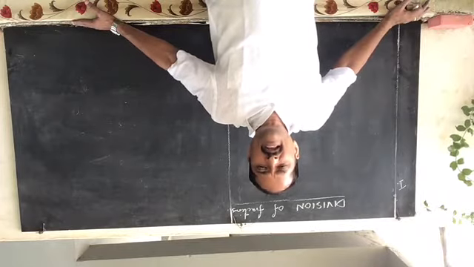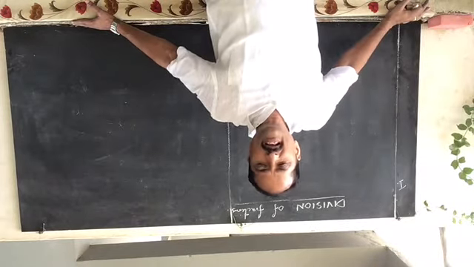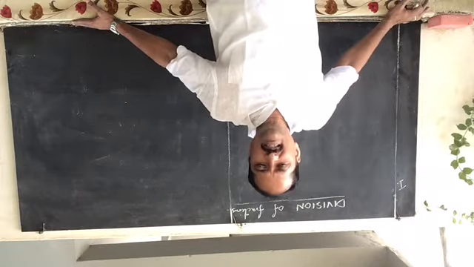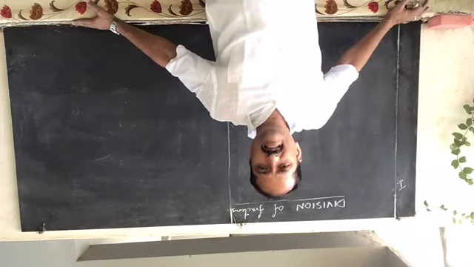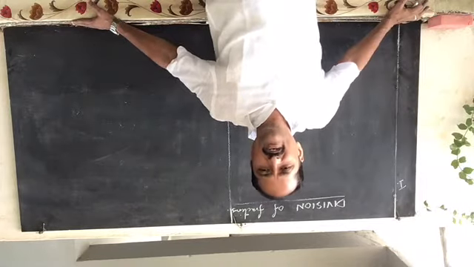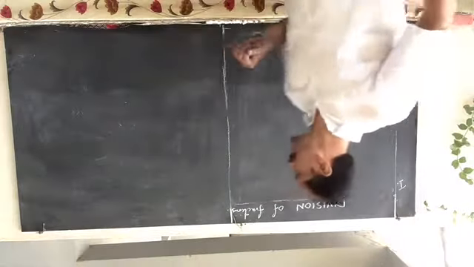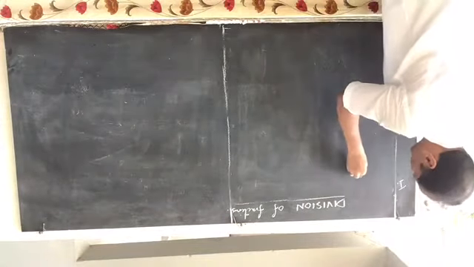The multiplicative inverse. The multiplicative inverse is also known as reciprocal. If you change the numerator and denominator of a fraction, you will get its reciprocal or multiplicative inverse. What can we call the multiplicative inverse of any fraction?